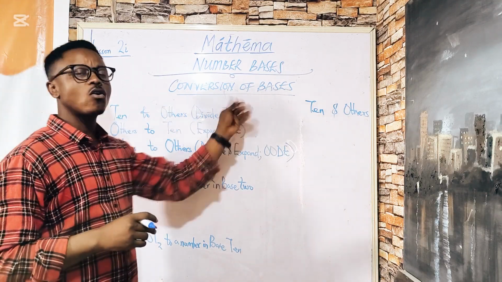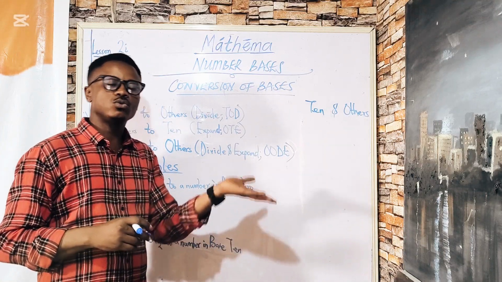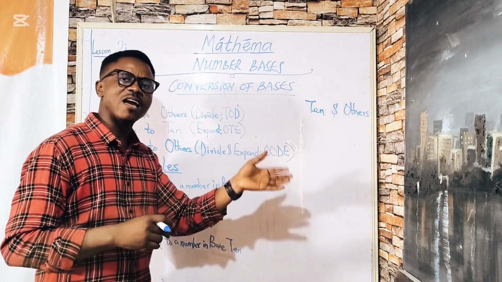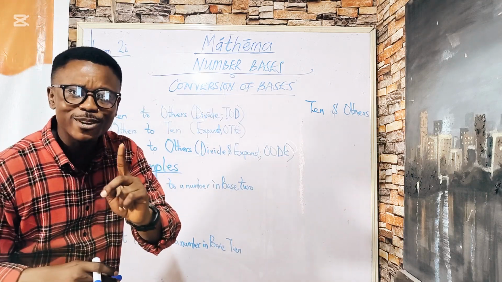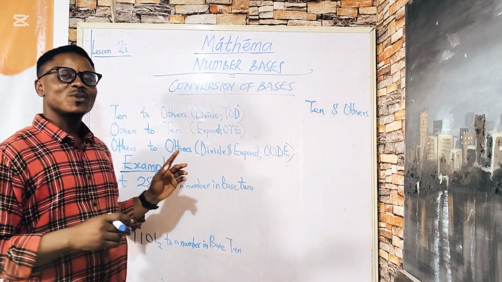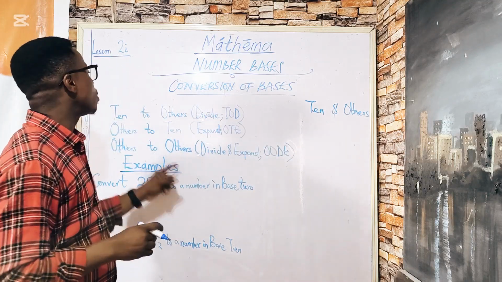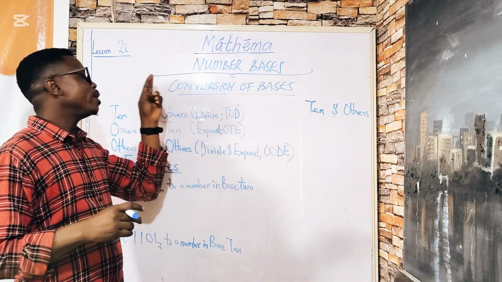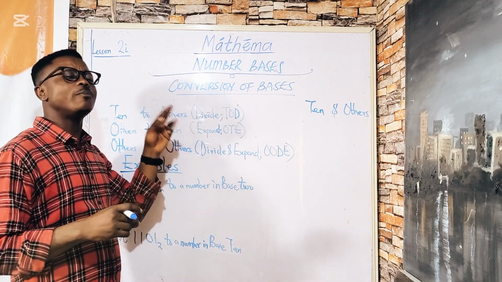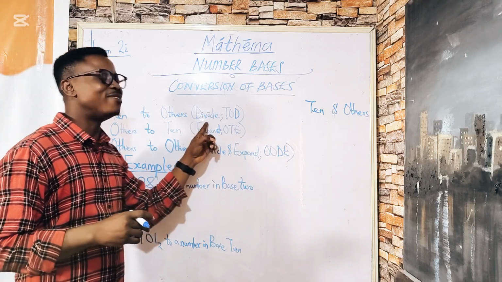Now when we talk about conversion of bases, from base 10 to base 2, from base 2 to base 3, base 4 to base 5, whatever the question may be, when we are converting a number in base 10 to base 2 or base 3 or base 4 or base 5, that is to others, we simply divide.